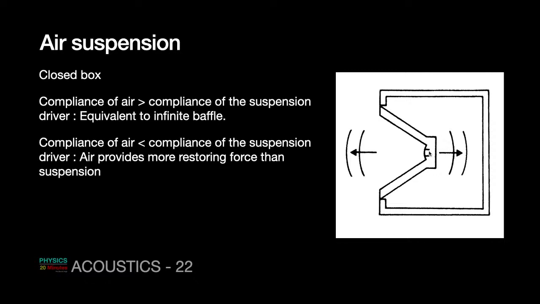When the speaker hits it behind, the air mass hits the enclosure behind, and the enclosure applies a reaction force which makes the air move forward and hit back to the cone. So if this air mass is less, it acts like a hard spring, and the compliance, which is the reciprocal of the hardness, becomes less.